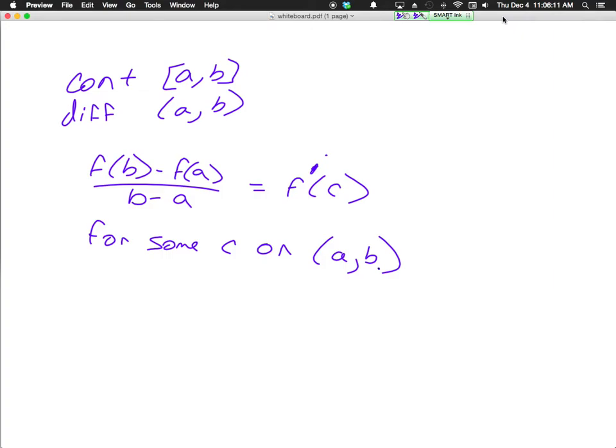The average rate of change must equal the instantaneous rate of change at some x value on my interval.